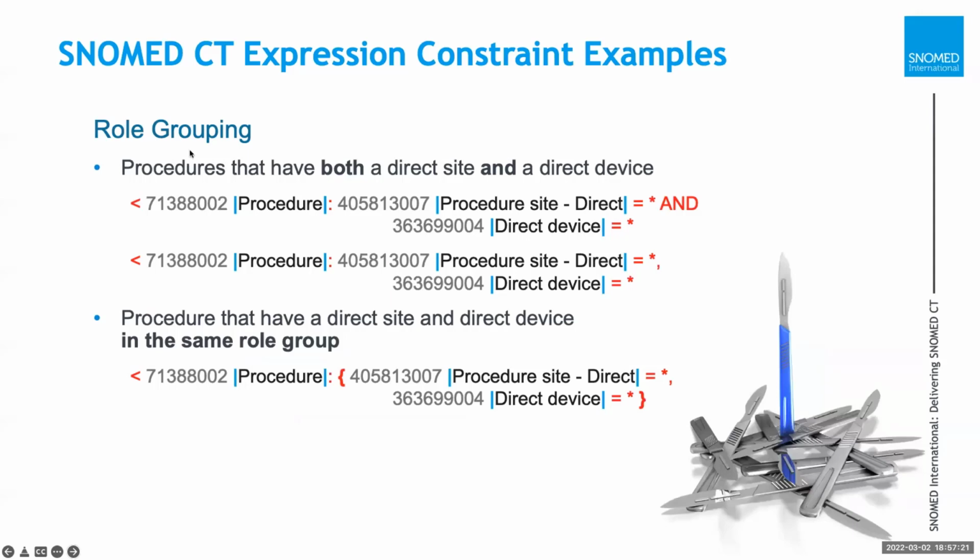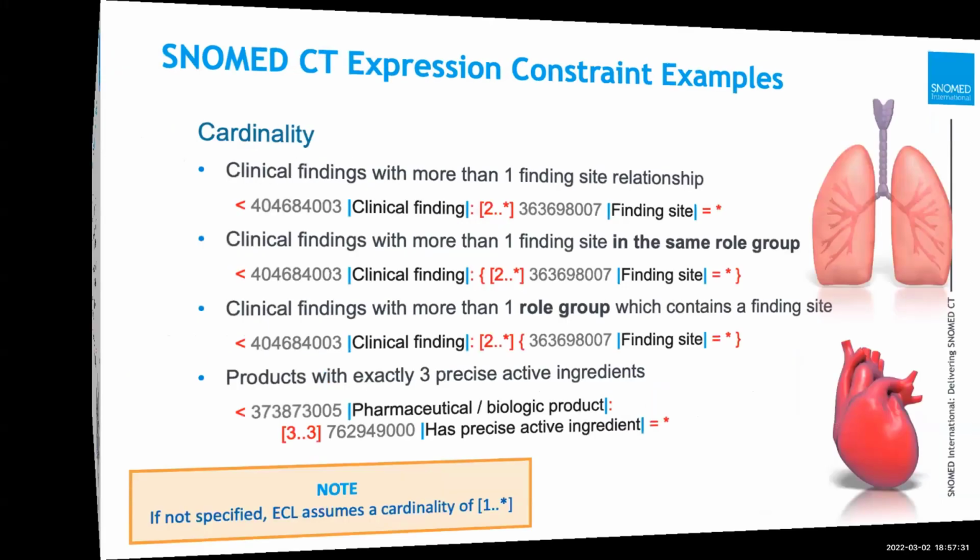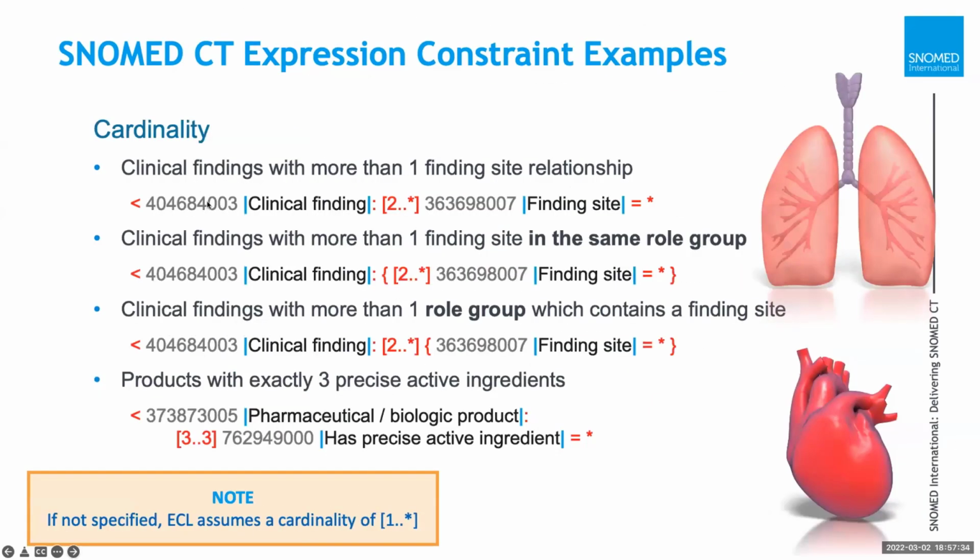So here we have where we run an expression constraint over sets of attributes. And we also have cardinality, if you want to look for concepts with more than one finding site relationship, or with fewer than 3, or with precisely 3 active ingredients.